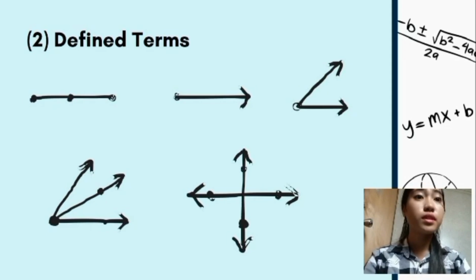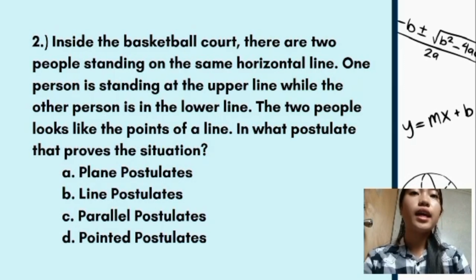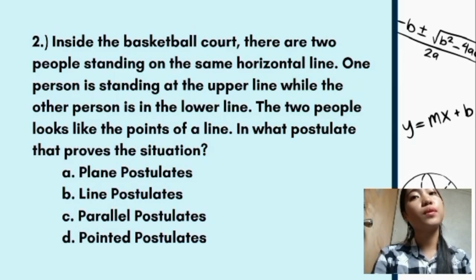Before we proceed to the third and fourth components of the mathematical system, let's have another question. Number 2: inside the basketball court, there are two people standing on the same horizontal line. One person is standing at the upper line while the other is at the lower line. The two people look like the points of a line. Which postulate proves the situation?